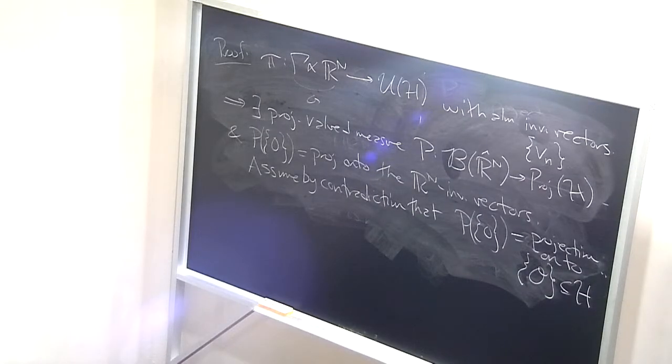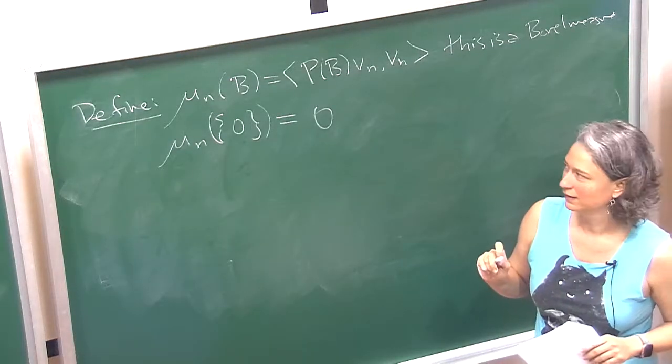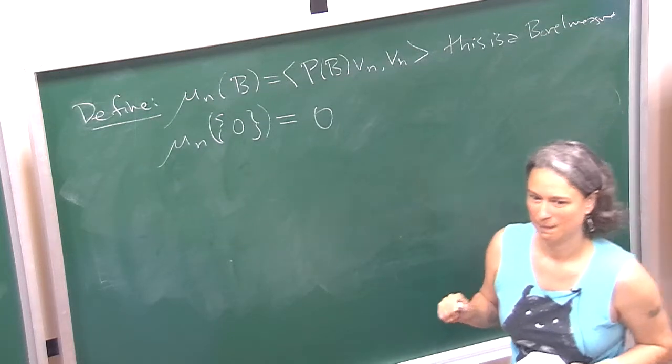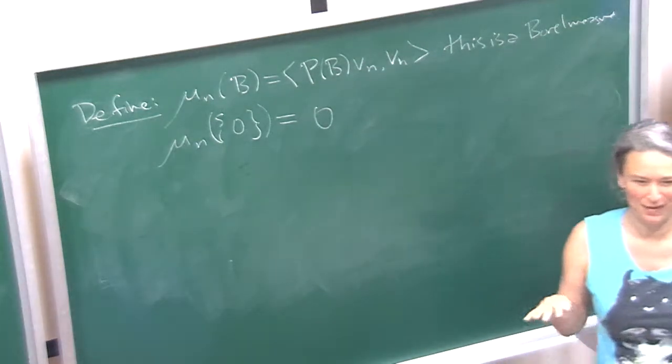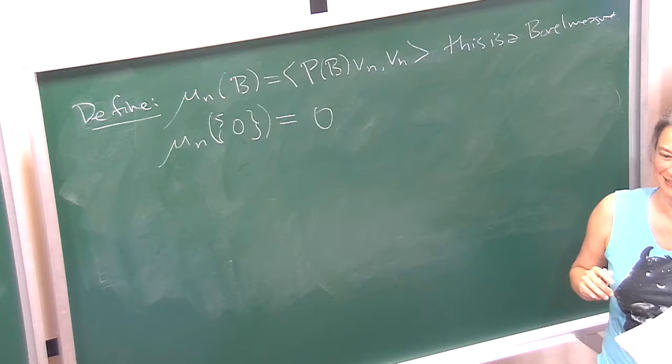So how much mass do I get? 0, right? It's 0 against Vn. Everybody get clear on that? Okay, I see some nodding and then some people doing like this.